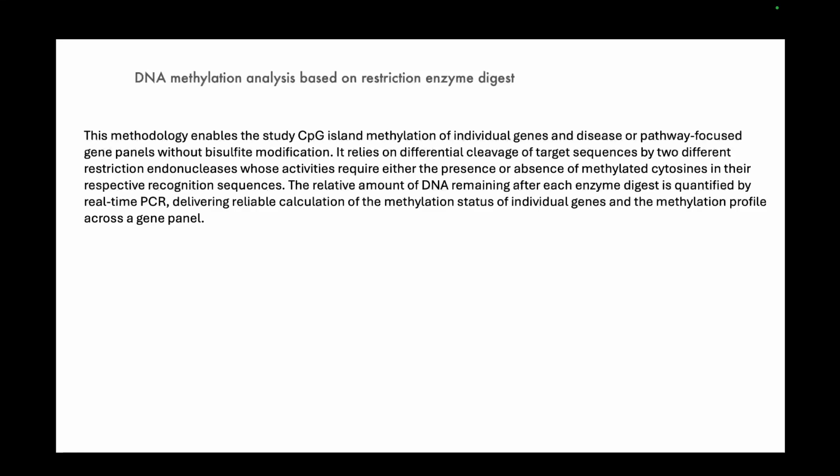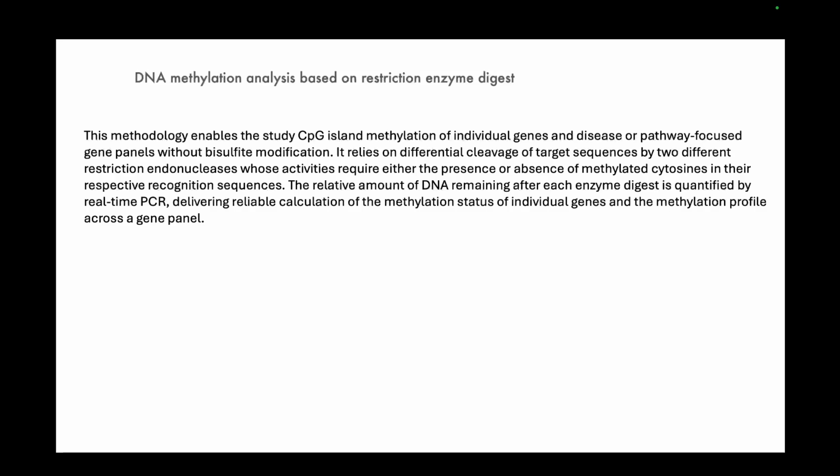Bisulfite modification and screening is a widely used method for studying epigenomic modifications, but those are a little bit more complicated, though you can obviously study these using restriction enzymes as well. It relies on differential cleavage of target sequences by two restriction enzymes, endonucleases whose activity requires either the presence or absence of methylated cytosine in the respective recognition sequence.